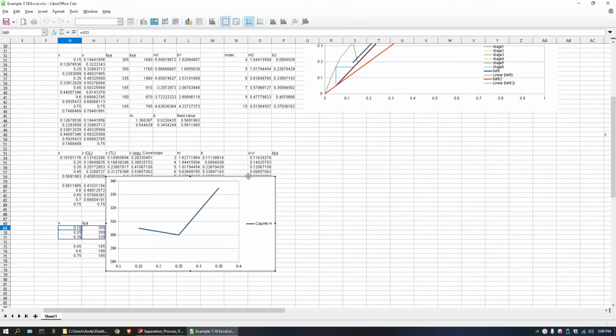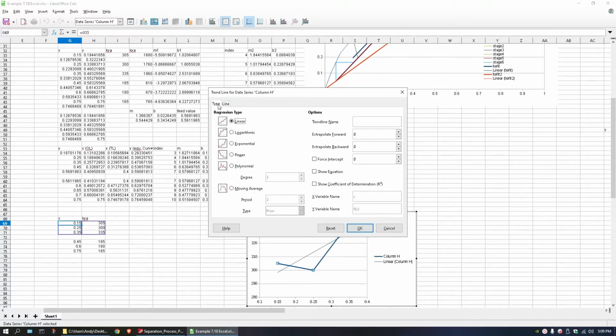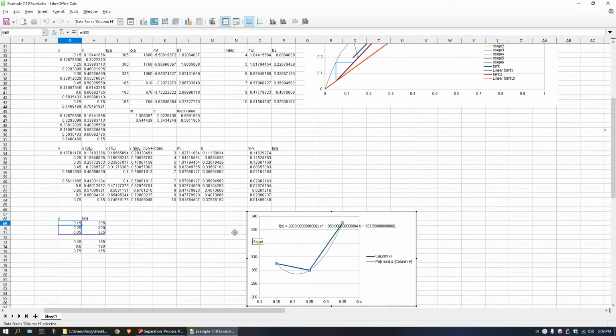You can see that as it changes over these 3 points, there isn't really a real trend as far as I can tell. We can add a trend line, just do a polynomial of 2. Of course it's going to have a perfect r squared because it's just going to fit that, but we do want the equation. So the equation is right there.